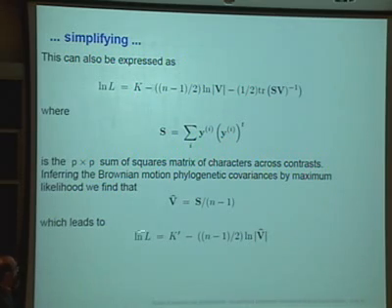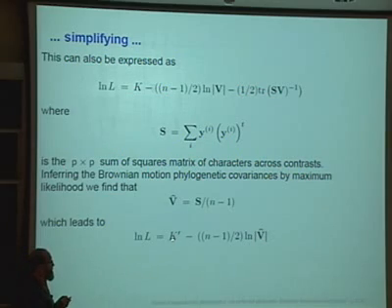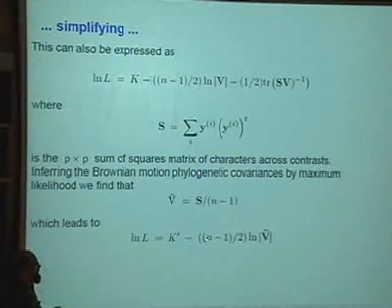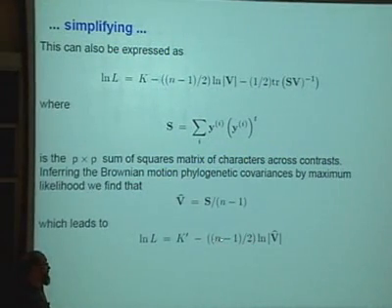And what you end up with is an interesting little formula. What it says is, for this particular placement of the fossils, the log likelihood is some constant minus (n minus 1) over 2, where n is the number of species, times the log of the determinant of your estimated covariance matrix.